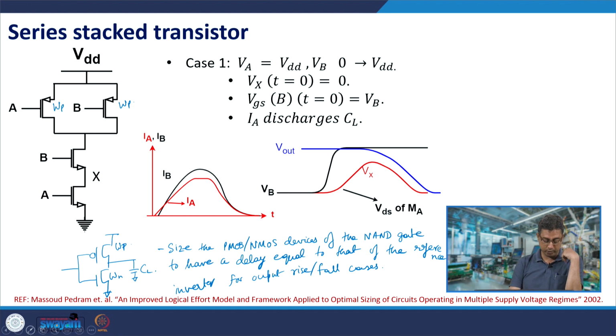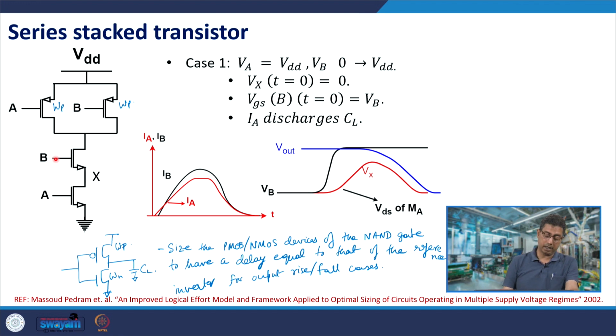What about the NMOSFET? Now we have a series stack of transistors, and one of the inputs we are considering to be switching. One of the inputs will go from 0 to 1 and the other input would already be at VDD, is it not? So, there are 2 cases in this. In the first case we are considering that input A is at VDD, input B is switching from 0 to VDD.